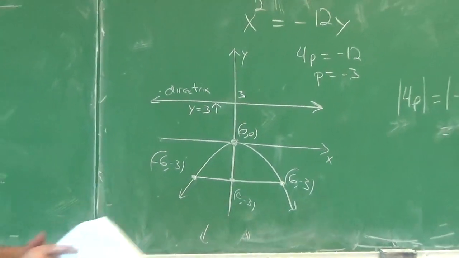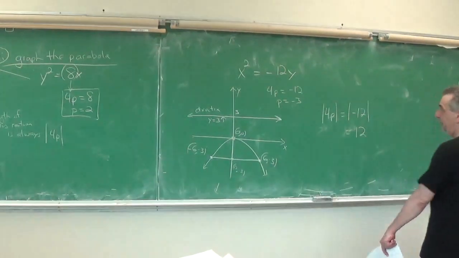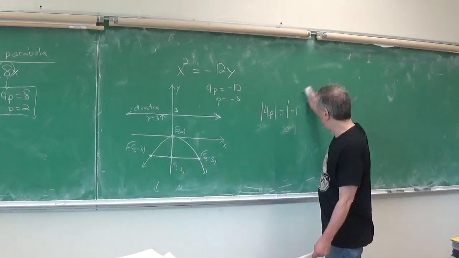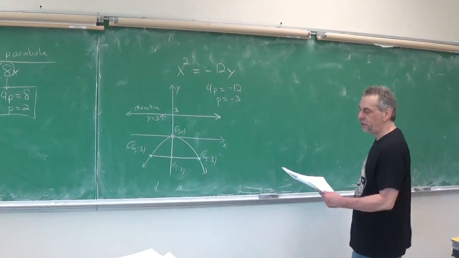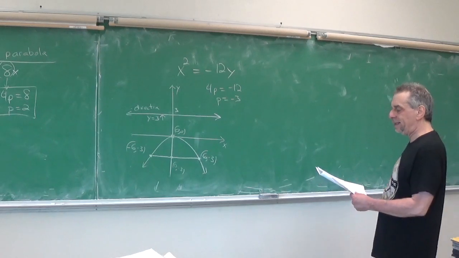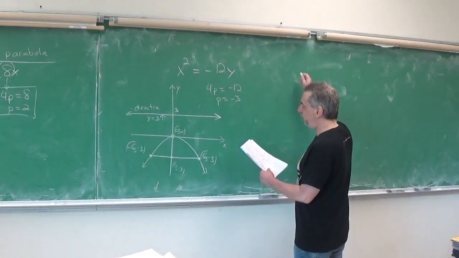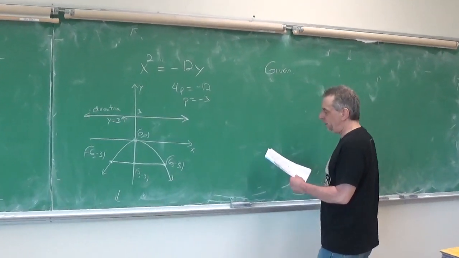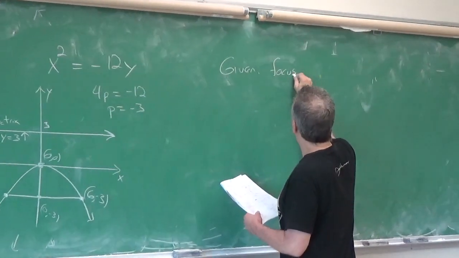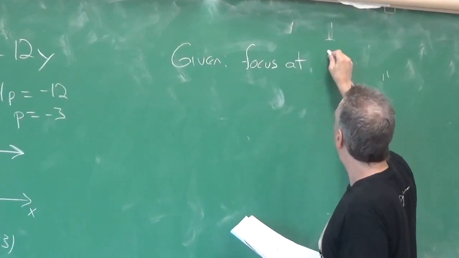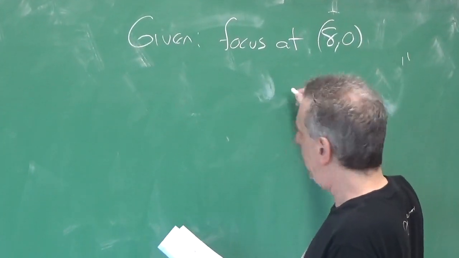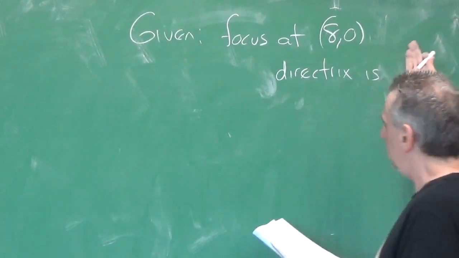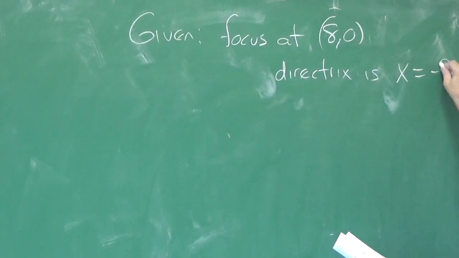Good times. Okay, so we have been given the equation twice and asked to come up with the graph. So similar to the previous sections in this chapter, sometimes we want to come up with the equation given some information about it. So here, let's say we're given information about a parabola. We're told the focus is at the point 8, 0, and the directrix is the line x equals negative 8.